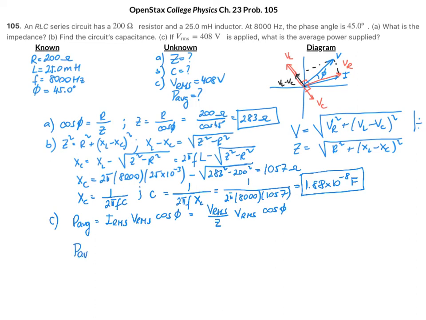So P average is going to be VRMS squared, which is 408 squared, divided by the impedance, which was 283 ohms, and power factor is cosine 45, and we end up with 416 watts.